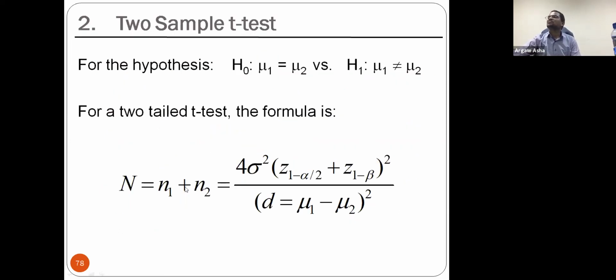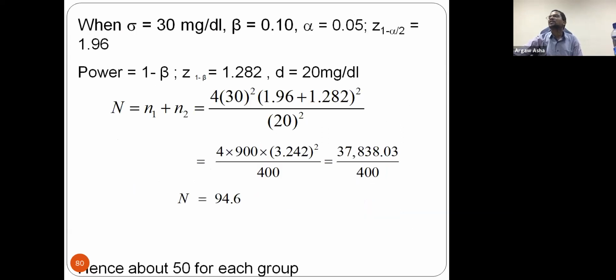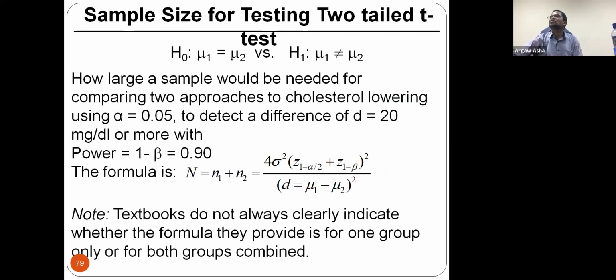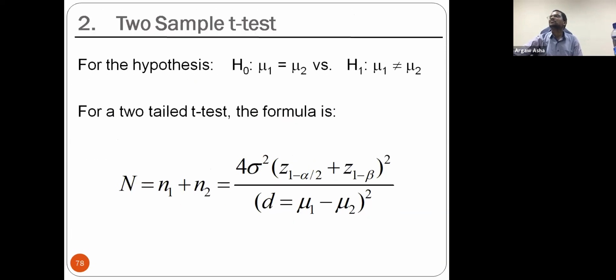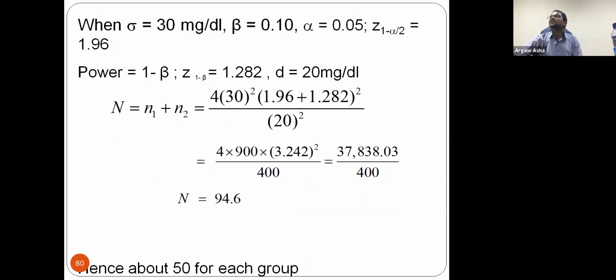If it's a two-tailed test, you can use N1 plus N2, where here we are using two means, mean 1 and mean 2, for a two-sample comparison. Sigma is the same as before. Again, you can check those with the same example as we have seen earlier. The same conditions work for this example.